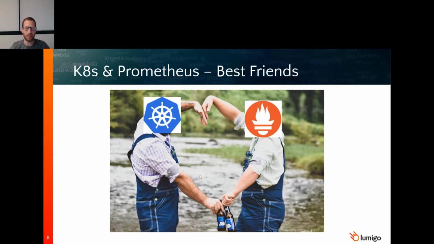I'm sure most of you know that. They integrate very nicely. Prometheus is open source that you can use.